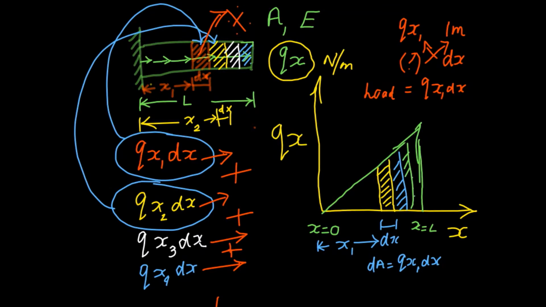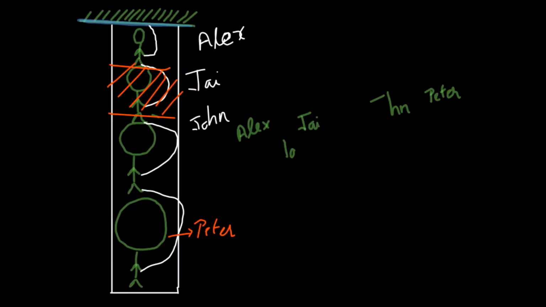So if you want to find the total load that is acting on the small red portion, you have to integrate from the point x to the point L. So this summation, q into x1 into dx plus q into x2 into dx plus q into x3 into dx plus q into x4 into dx can be nicely packaged as integration.